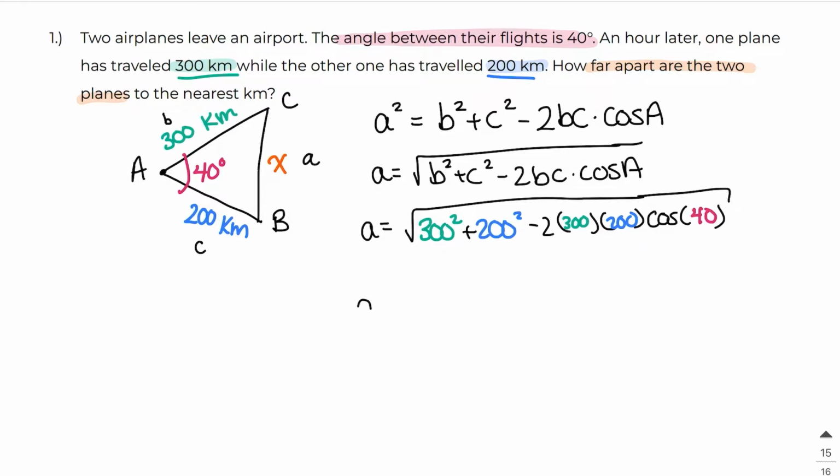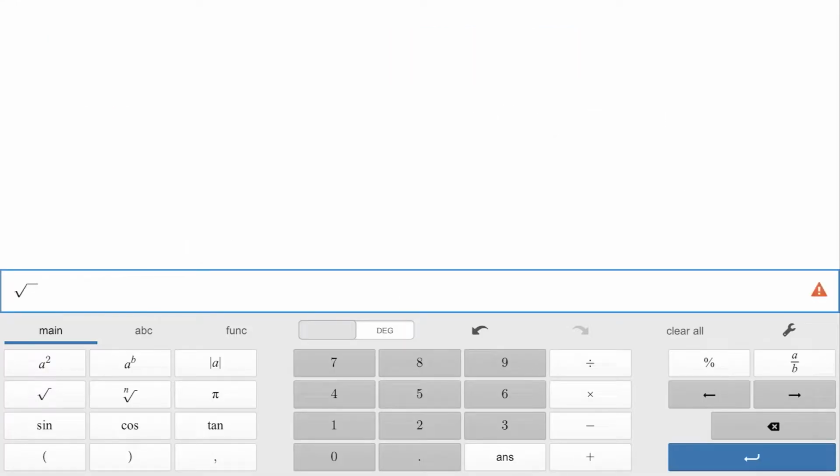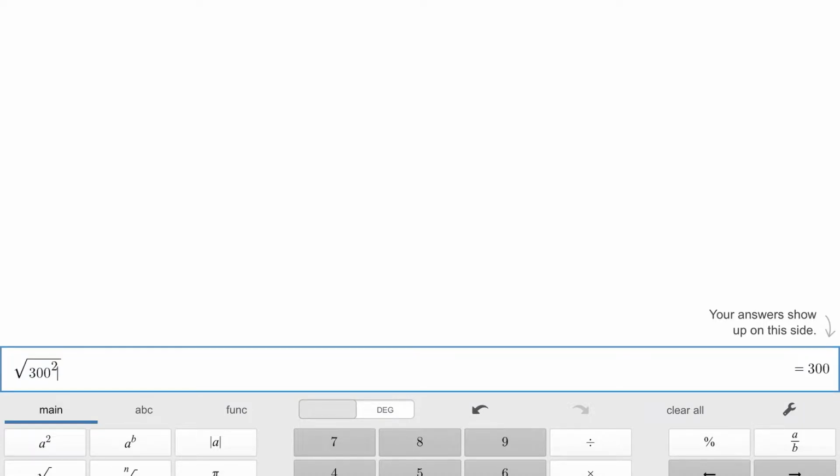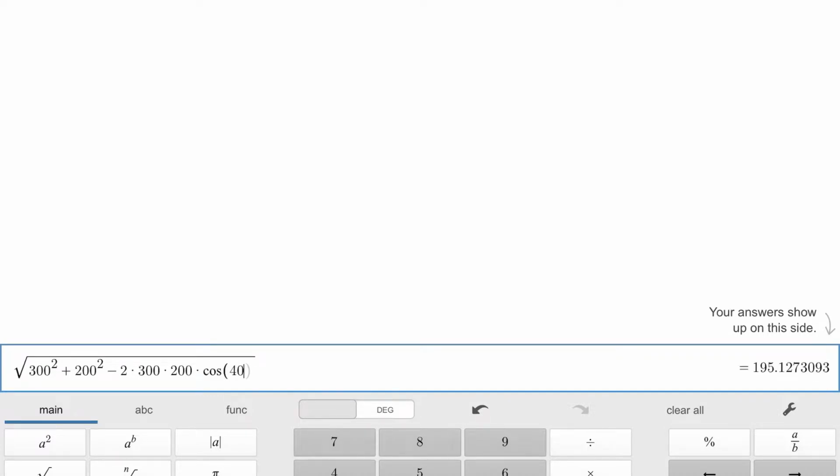And to be honest, I'm just going to type this whole thing into my calculator. So I have the square root of 300 squared plus 200 squared minus 2 times 300 times 200 times the cosine of angle A, which is 40 degrees. So this right here gives me 195.